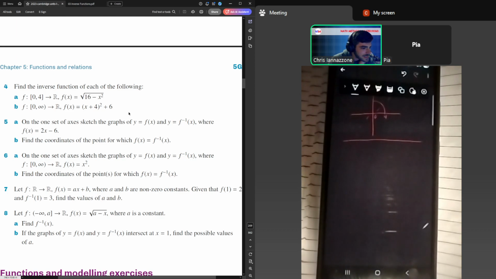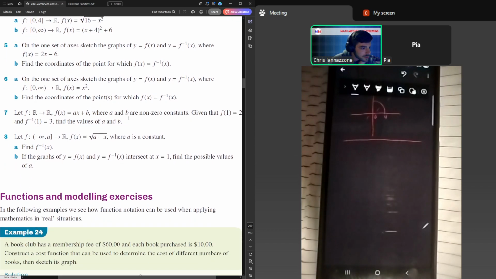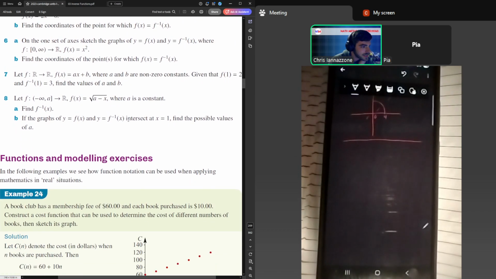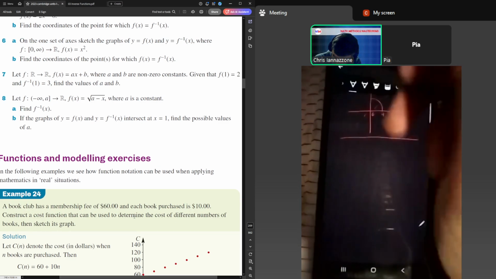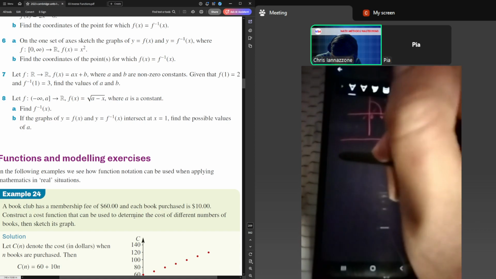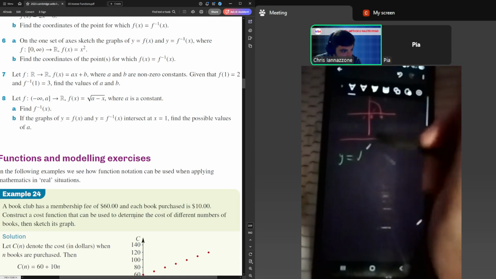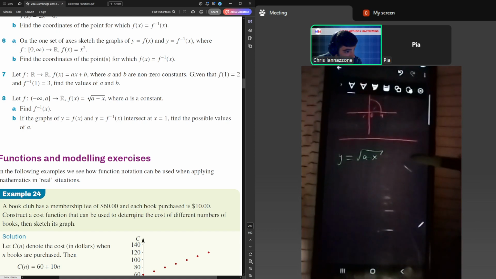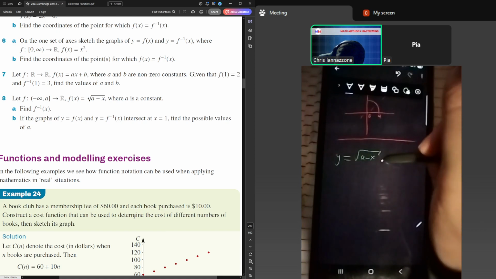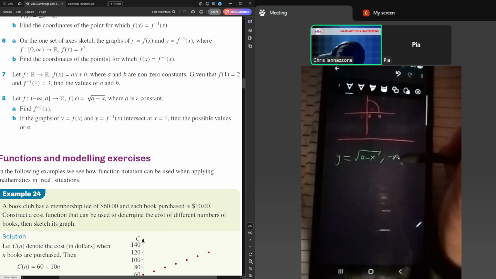And then I guess the only thing left that would be remotely difficult might be question 8, which would be solving for unknowns based on inverses. So let's have a look. First up, we've got y equals square root a minus x, and it's for negative infinity to a.